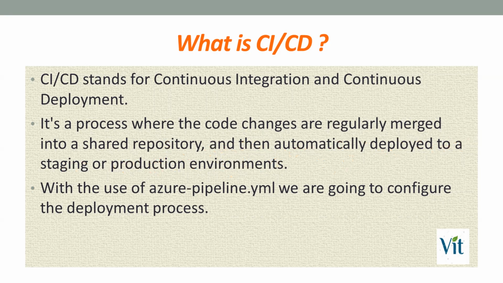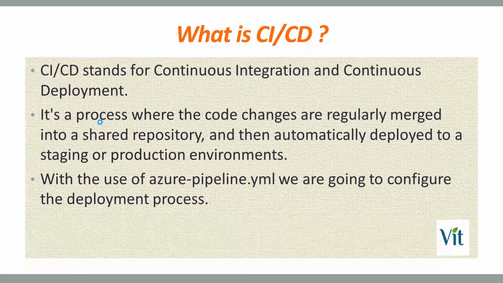Okay. Here, no manual intervention is required. Next, with the use of Azure pipeline.yml, we are going to configure the deployment process. Okay, we will see what is this Azure pipeline.yml and everything, but just try to understand what is the CI/CD and how it is going to work.